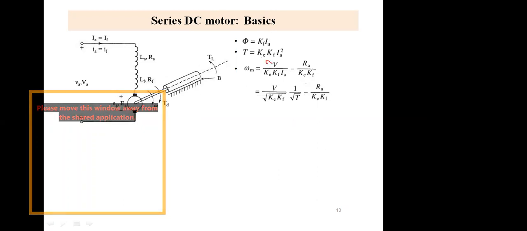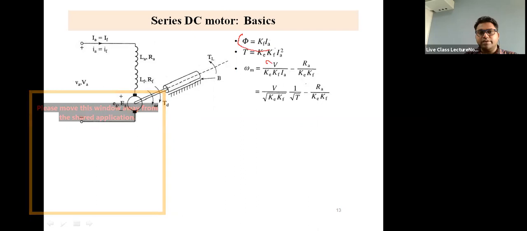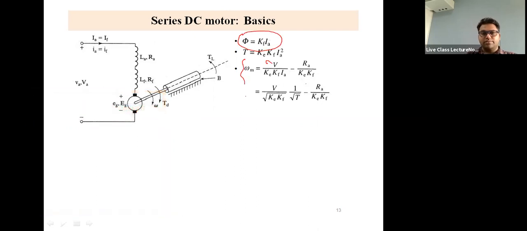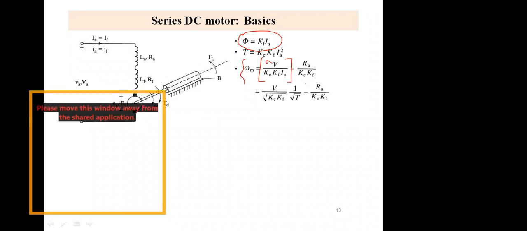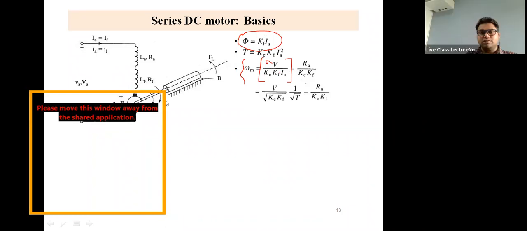Okay, so let me clear the points. Phi is proportional to kf into Ia. Then omega is a function of V by Ke kf. So what are these constants Ke, Kf? These constants are the field constants.